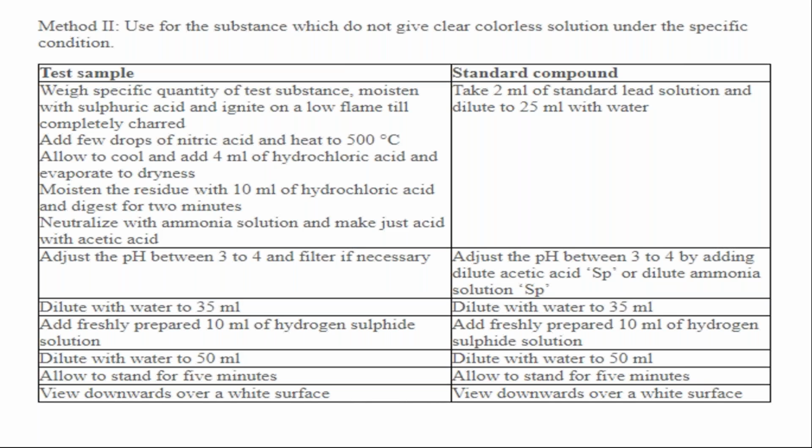The standard is prepared the same way. You're going to take 2 ml of standard lead solution, dilute to 25 ml with water, and the rest is the same. The way you view is also the same. You're going to view downwards over a white surface.